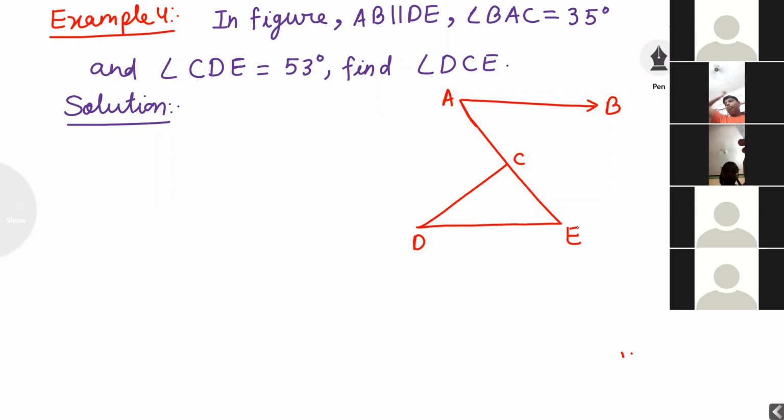This angle he has given 35 degree. Next, CDE. This angle he has given 53 degree. And which angle is asking? DCE. This angle is asking. Draw this figure, everyone.